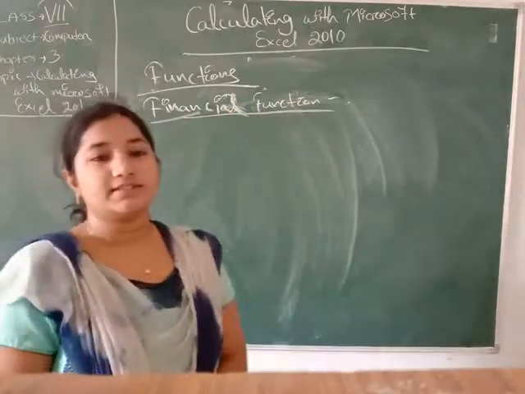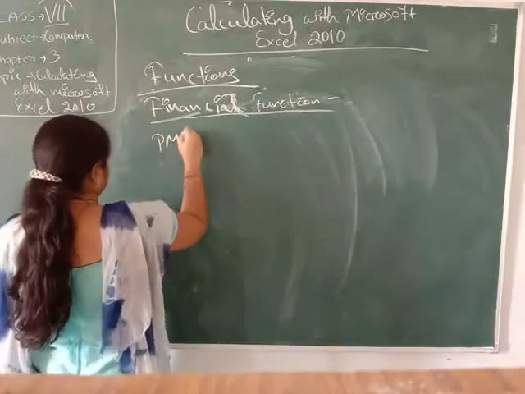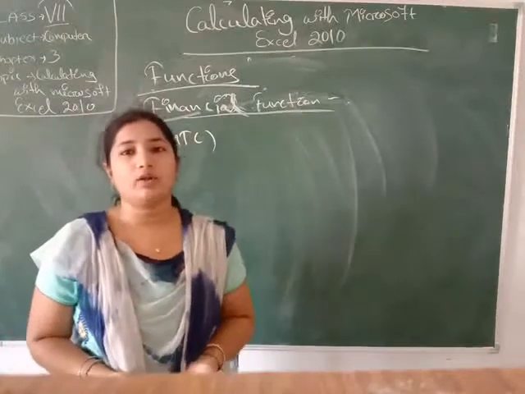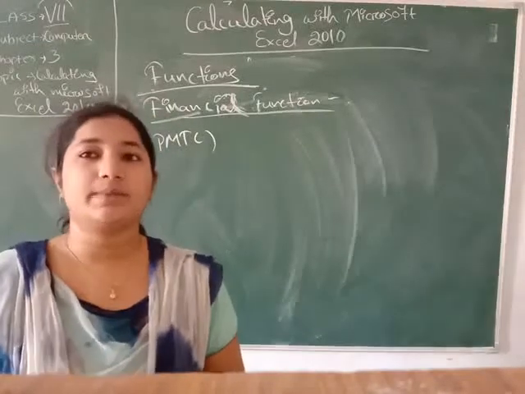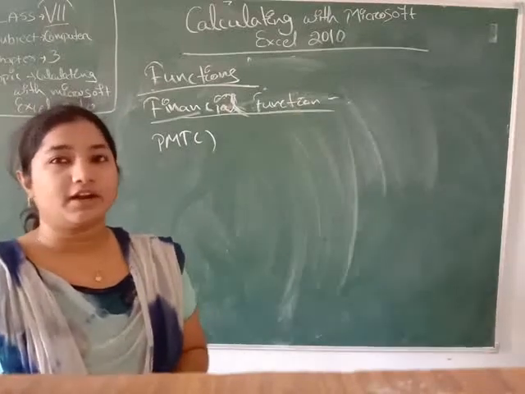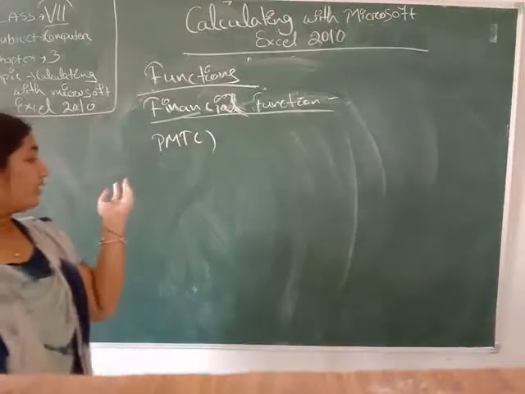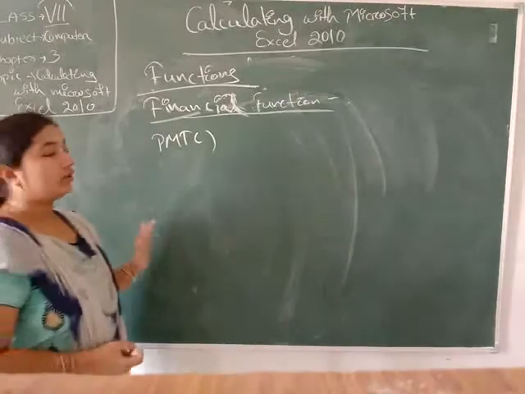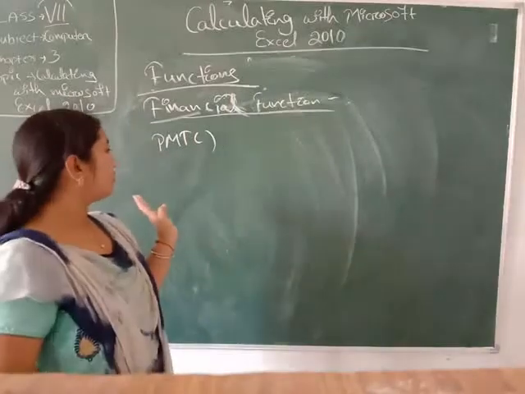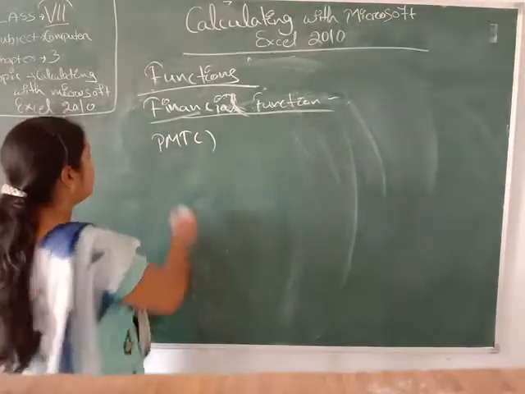In financial functions, one is the PMT function. PMT is used to calculate loan repayments based on constant payments and a constant interest rate. It is basically used in banks because they have to calculate loan payments, so it is easy to calculate with the help of this function.